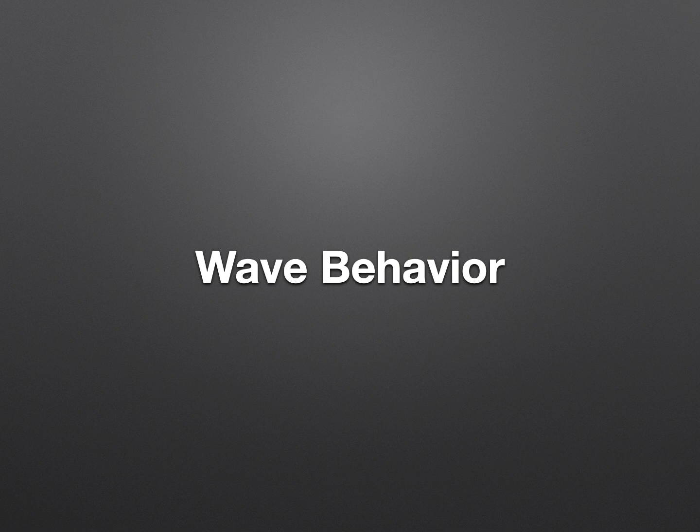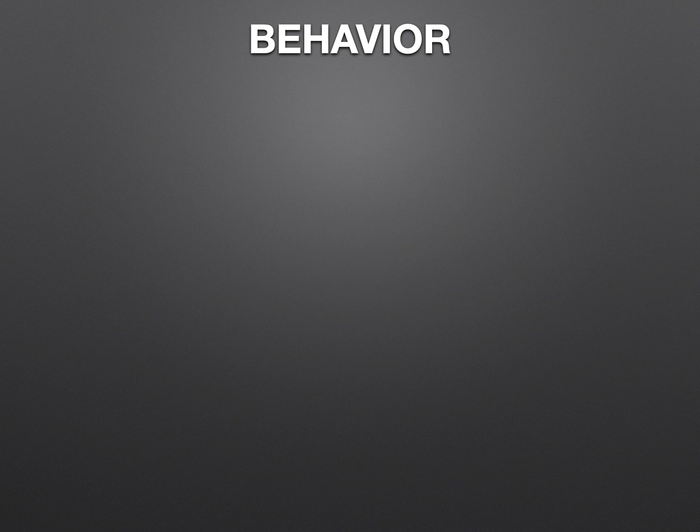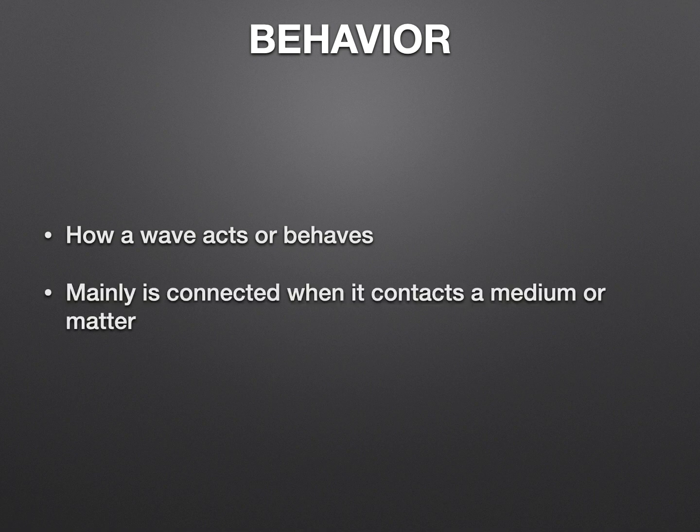Before we moved into the standard, we talked about the different types of waves, different types of wave movements. Now we're into the standard of how do waves behave. Just like you behave or don't behave, waves do the same thing. But when we talk about it in science, it is how waves act or behave. And we mainly are connecting with how they behave when they come in contact with a piece of matter, which is also known as a medium.